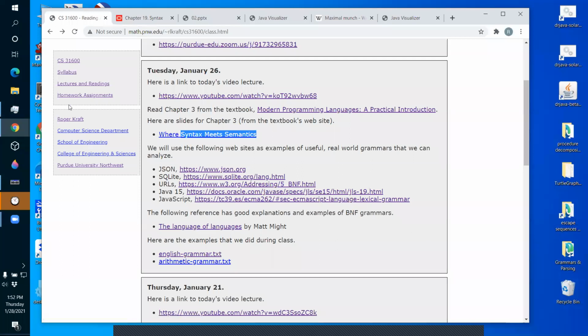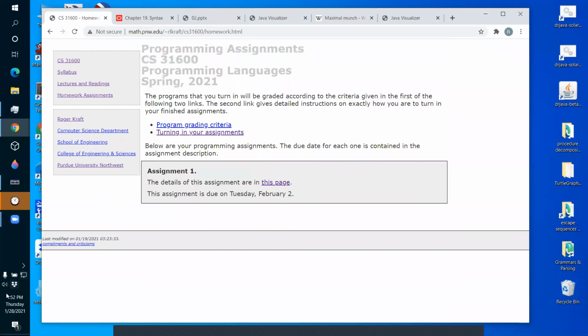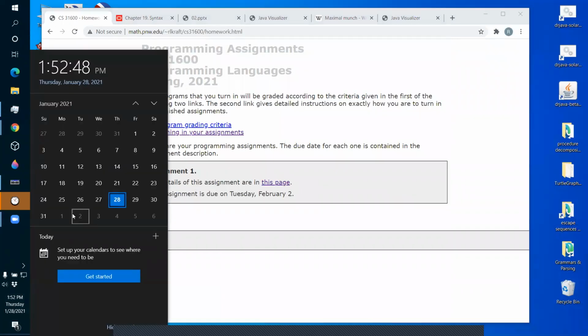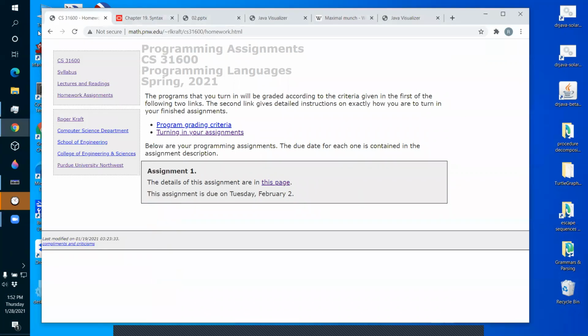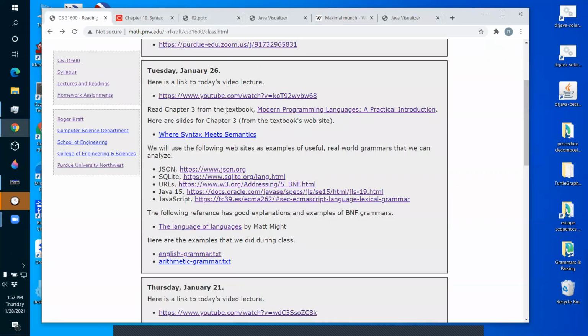The homework is due on Tuesday. And like I say, on Tuesday, we'll finish chapter 2 by doing some of those homework problems, and then we'll start chapter 3.